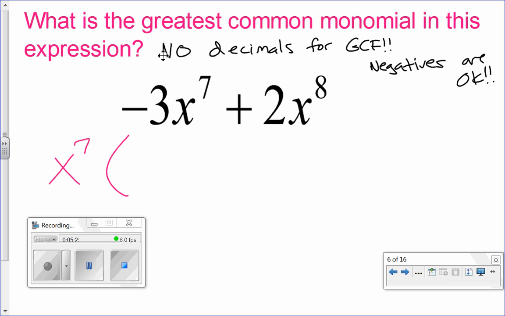You can pull all 7 of the x's out front. So when I divide this term by x to the 7th, you know who's left? Negative 3. Because x to the 7th times negative 3 is negative 3x to the 7th. And then when I pull x to the 7th out of this, do you know what will be left? Good. That's what it would look like.